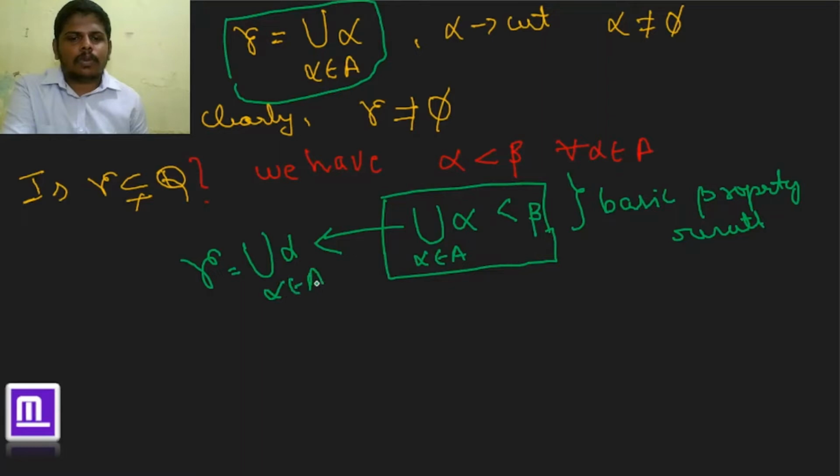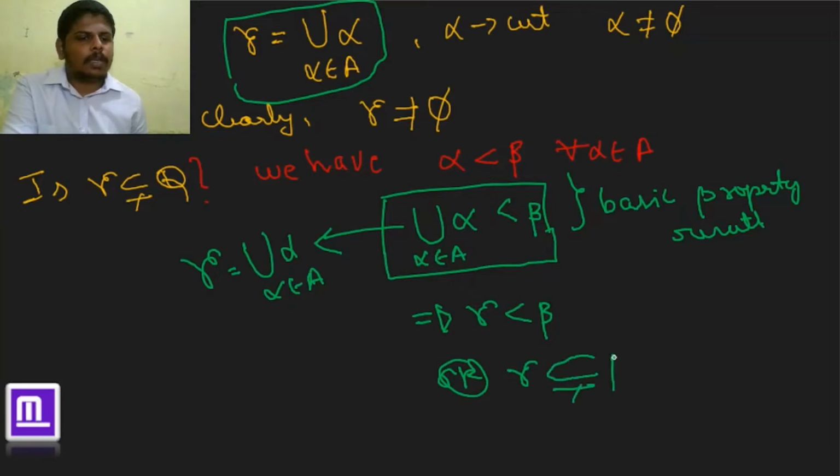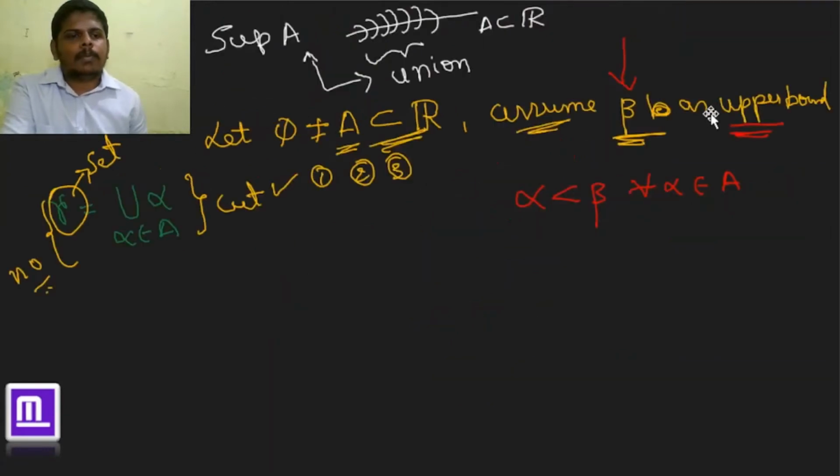So there we have it. This is clearly gamma, a proper subset of beta. What is beta? Beta is an upper bound. What is an upper bound? An upper bound is a number. What is a number? A number is a cut. Therefore, beta is a cut.